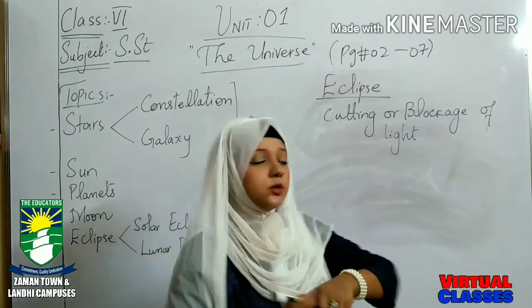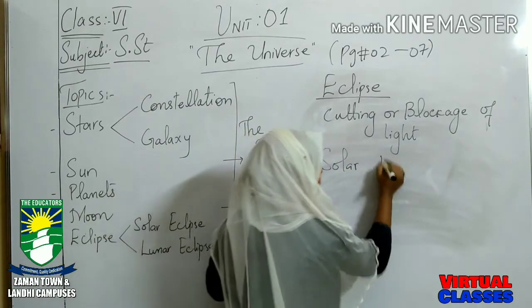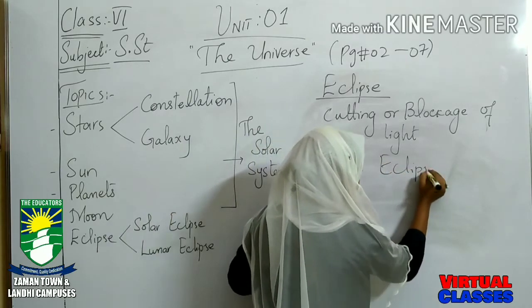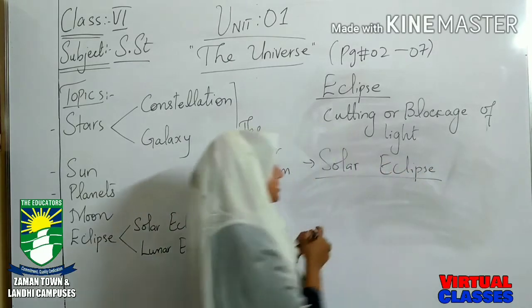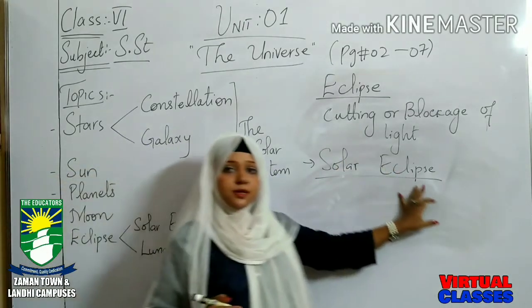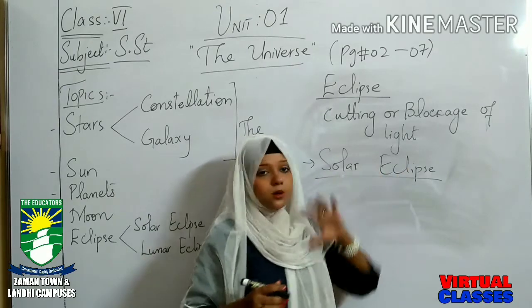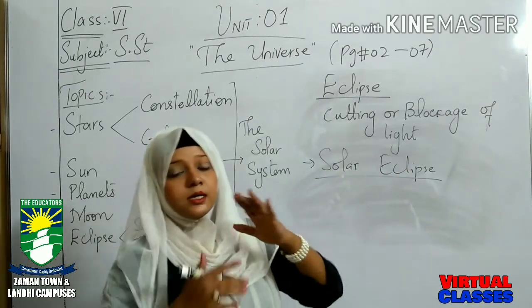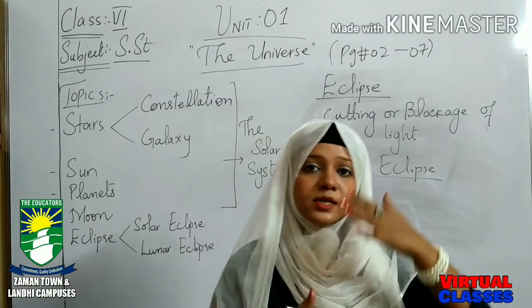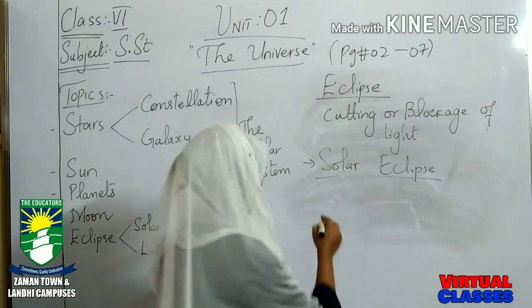There are two things which are producing the light. First is the solar eclipse. As the name indicates, something is related to the sun. Solar, something related to the sun, and eclipse, the blockage of light. It means that somewhere the light of the sun is being blocked. How?